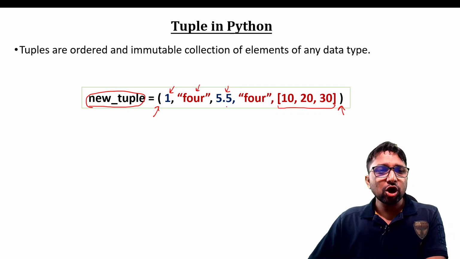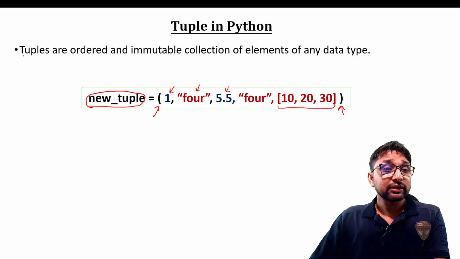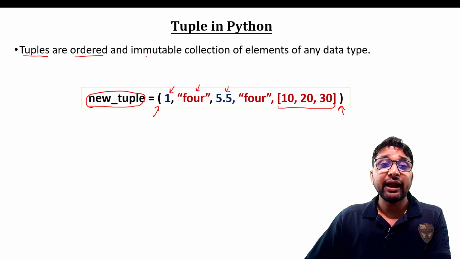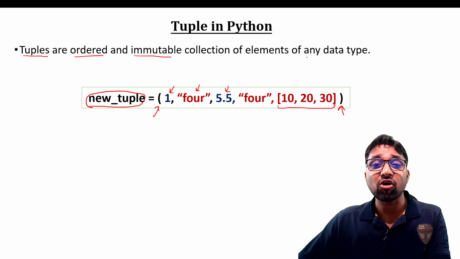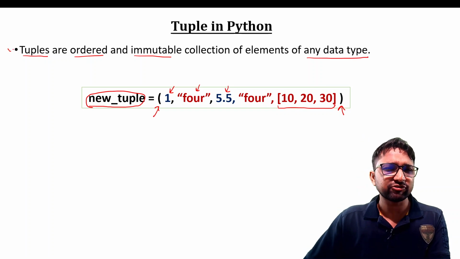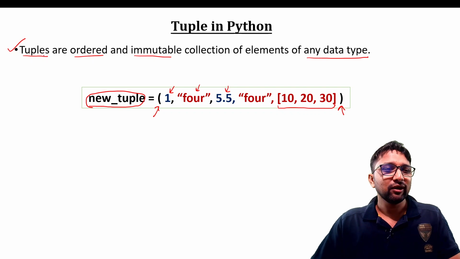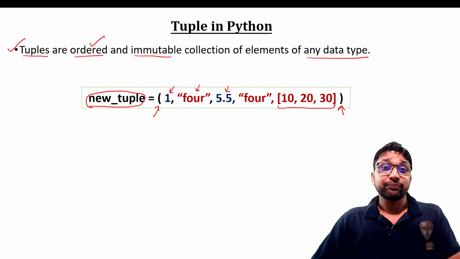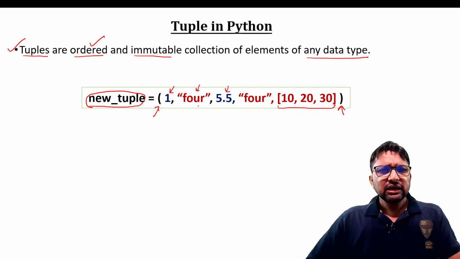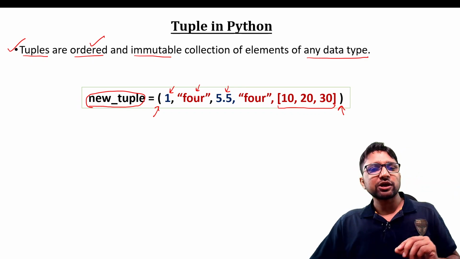Fine, okay. Now let's read this statement related to the tuple. Tuples are ordered and immutable collections of elements of any data type. So actually this is the definition of the tuple, which has three important properties. Tuples are ordered. Ordered means at whichever location you are storing the data, you can access it from that location itself.